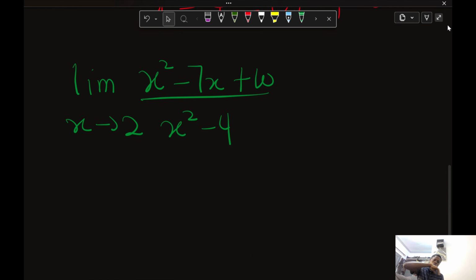All right, so this is how we go about it. We need to factorize the numerator and the denominator so that we can simplify.